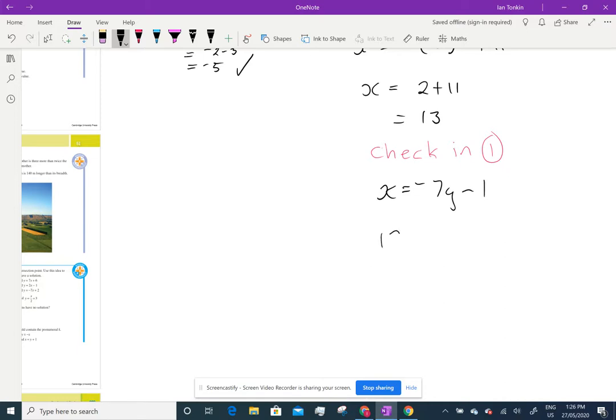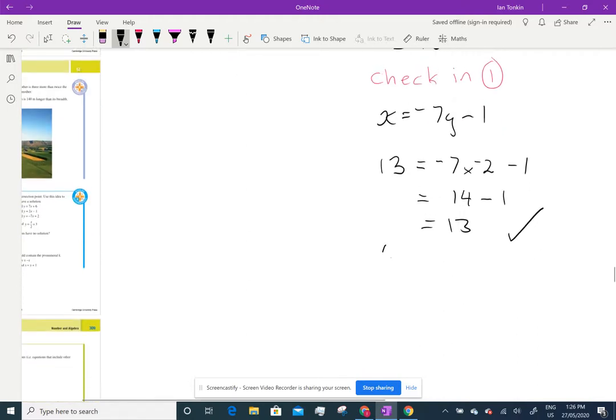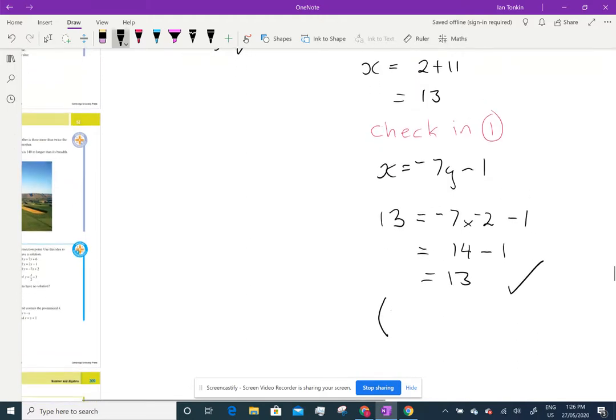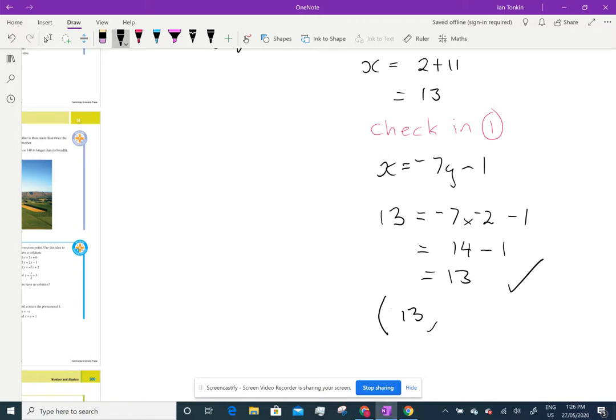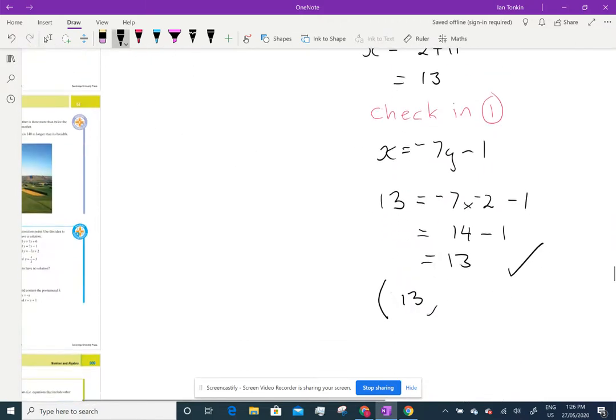Now, does 13 equal negative 7 times negative 2 minus 1? Well, negative 7 times negative 2 is 14, minus 1 is 13. It checks out. So my solution is a set of coordinates, 13 and negative 2.